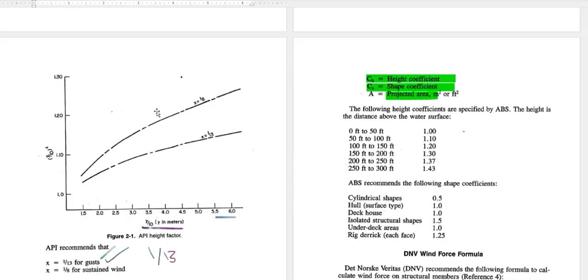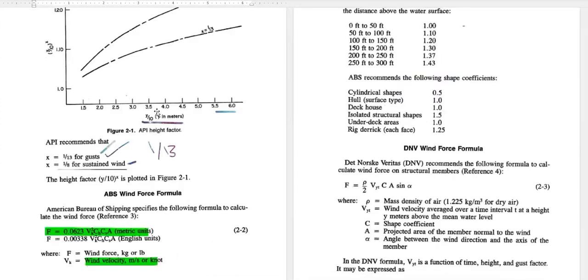So we can say wind force is nothing but 0.0623, then Vk square, which is the 10 meter velocity, and then two factors, CH and CS, and the area.